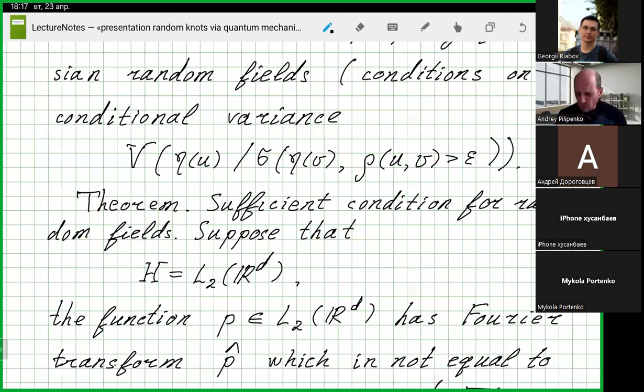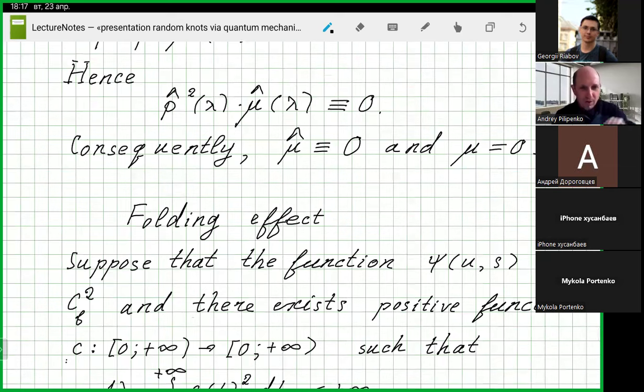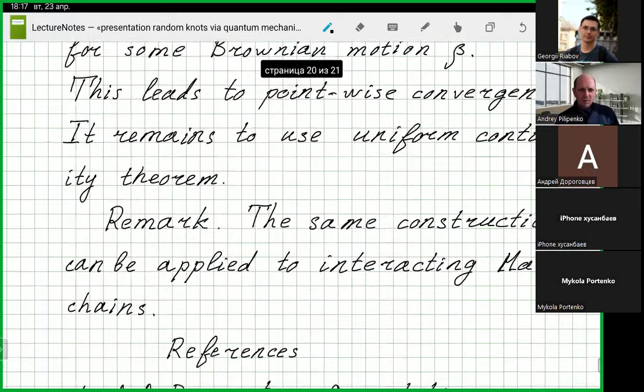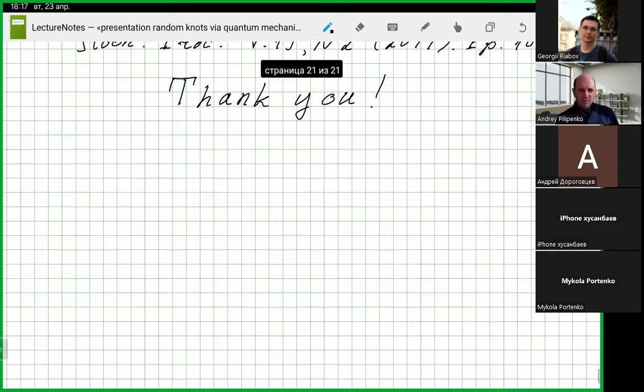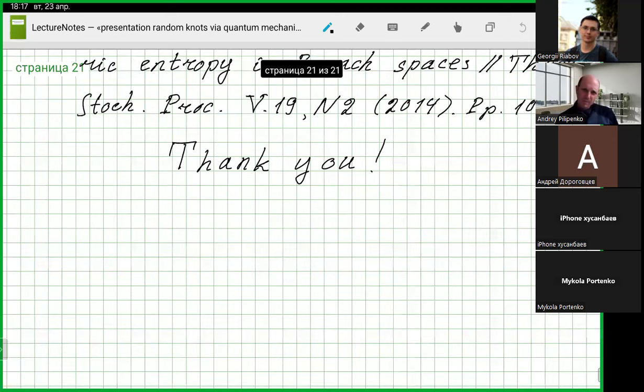Could you please recall the definition of this random curve that you simulated? Was it like y of the circle at time t? Yes, exactly. Only one moment, I will turn my screen because now I can write easily on it.